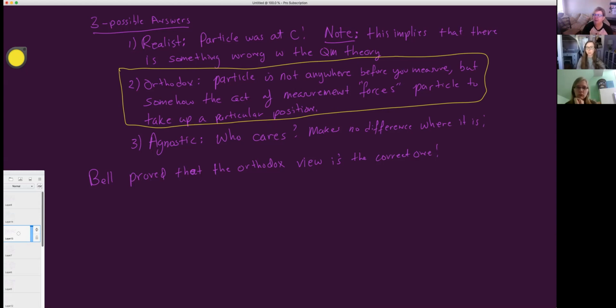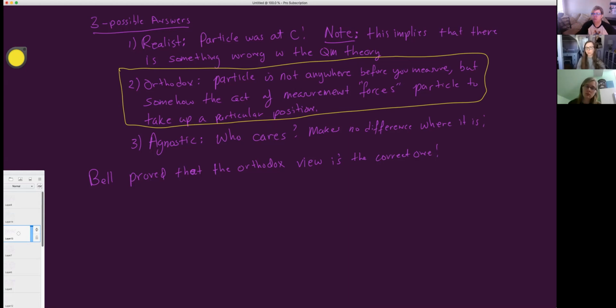Now, you're probably wondering, what does that have to do with quantum mechanics? Well, it's kind of like position, right? According to the orthodox view, if you're measuring position, before that measurement the particle isn't anywhere. It's the same idea here.